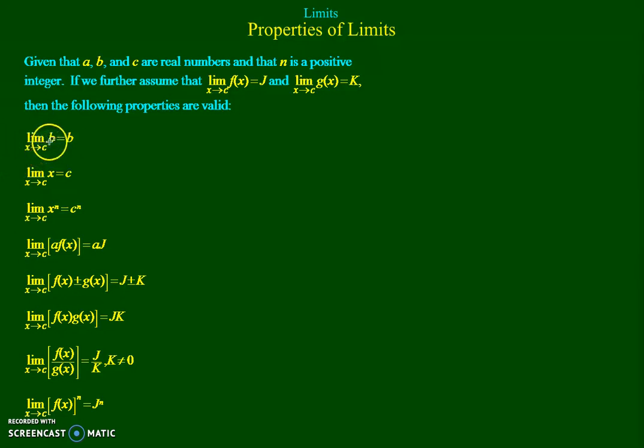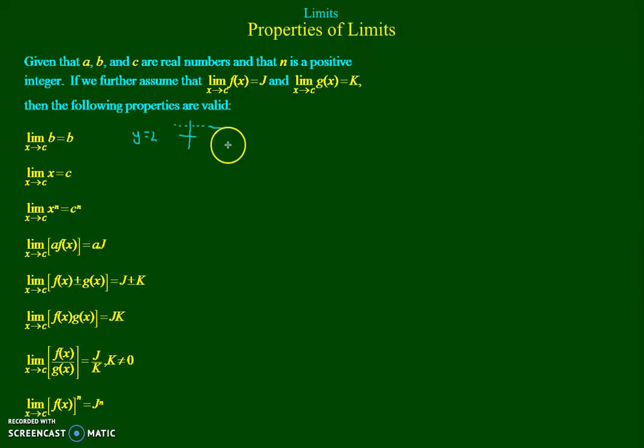The limit of b as x approaches c equals b. Well, if b is a real number, this would simply be something like y equals 2. The function y equals 2 is simply a horizontal line.